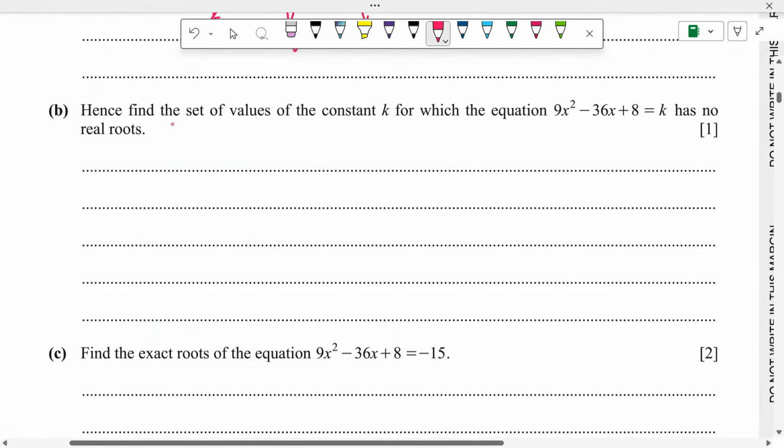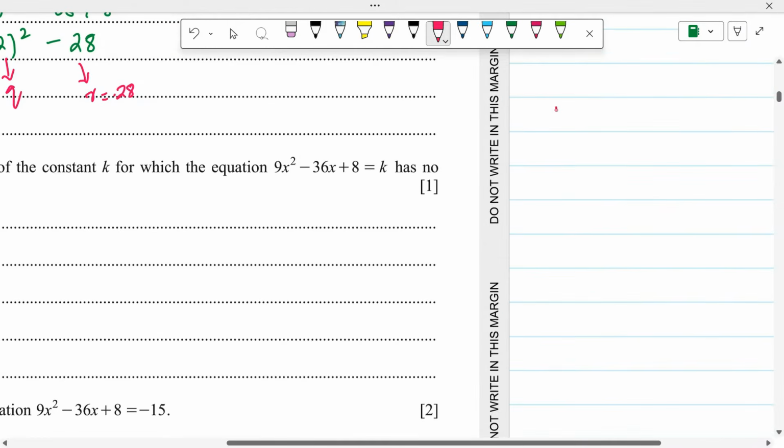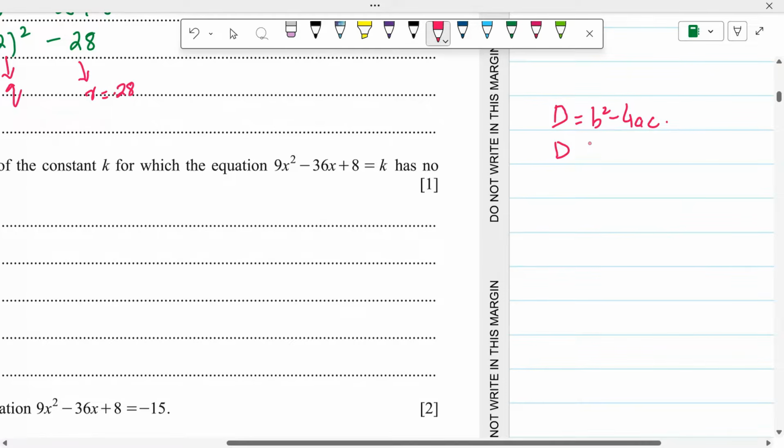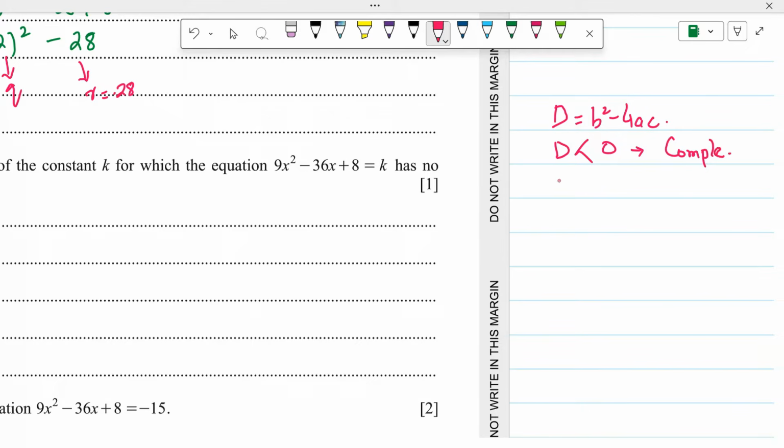Part B. Hence find the set of values of the constant k for which the equation 9x² − 36x + 8 = k has no real root. We know that the discriminant is b² − 4ac. If the discriminant is less than 0, then the roots will be complex. If D is equal to 0, then we have real roots.